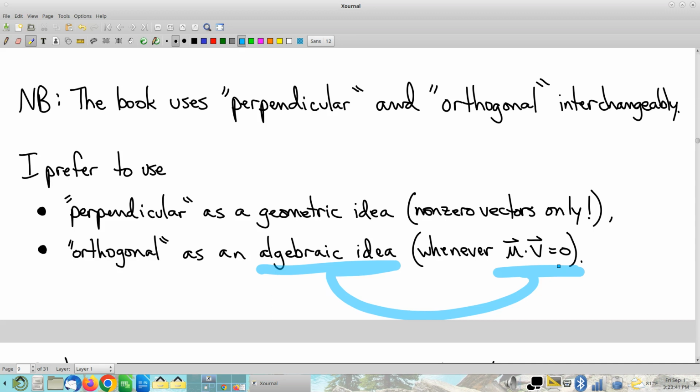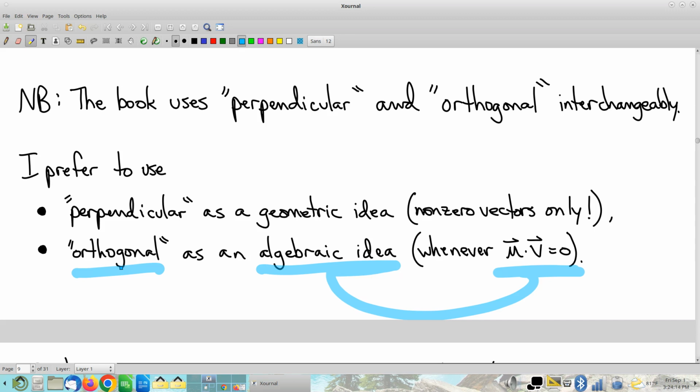Whenever you have two perpendicular vectors, geometrically, they are orthogonal in the sense that their dot product is zero. Sure. But it doesn't go the other way. Right? Because if you have two vectors that are orthogonal, either or both of these vectors could be the zero vector, in which case they're not perpendicular. There is no such thing as perpendicular if one of the vectors is zero.